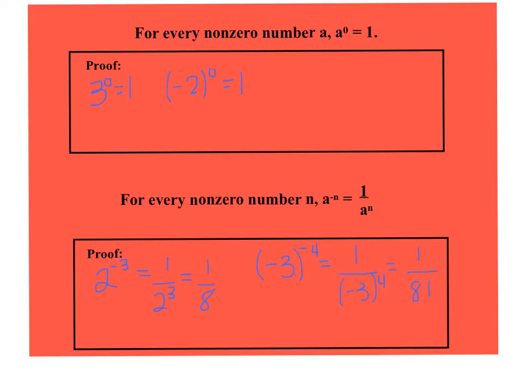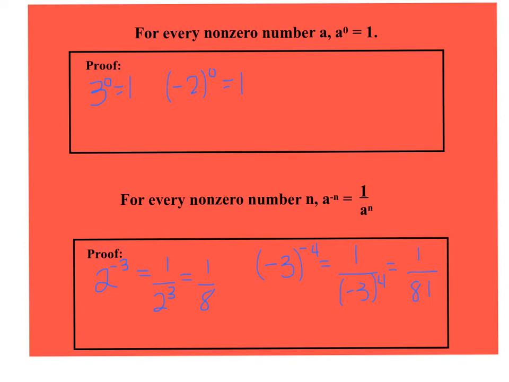For any non-zero number, if you take it to a negative exponent, then in order to make that exponent positive, you have to move it to the reciprocal. So in this case, the negative exponent is in the numerator.